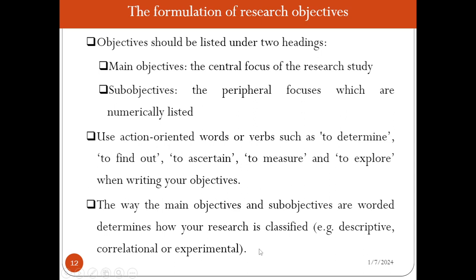So the author says that it is also very important to word your objectives in a proper way to show whether the type of research that you have chosen is correlational, descriptive, experimental, or what. It should tell about the nature of your investigation.